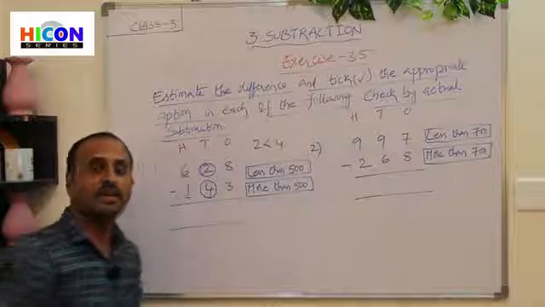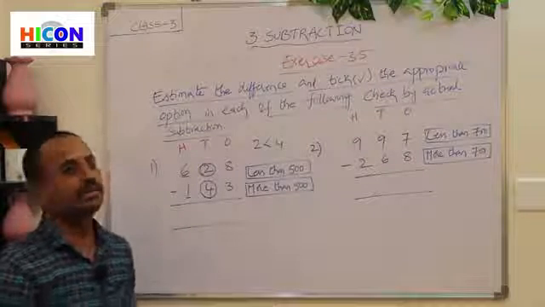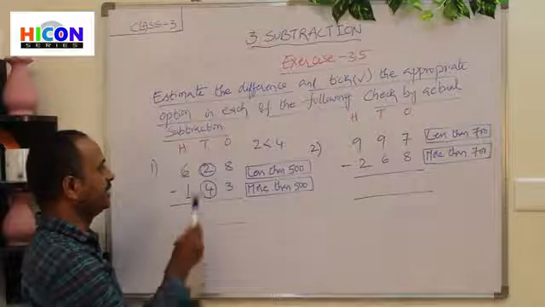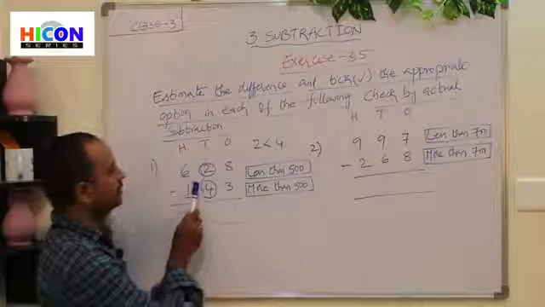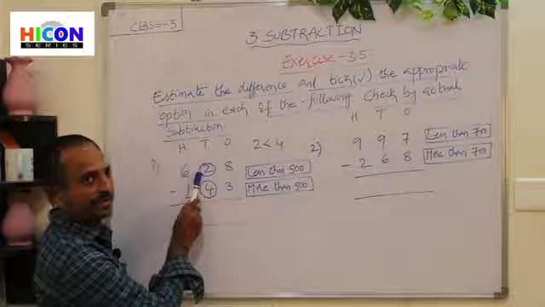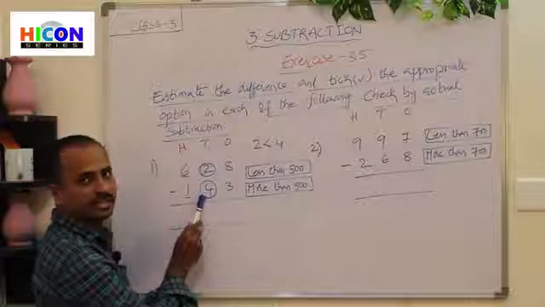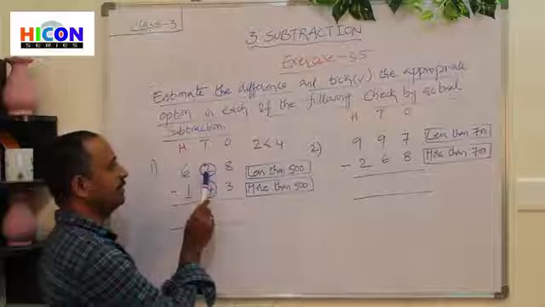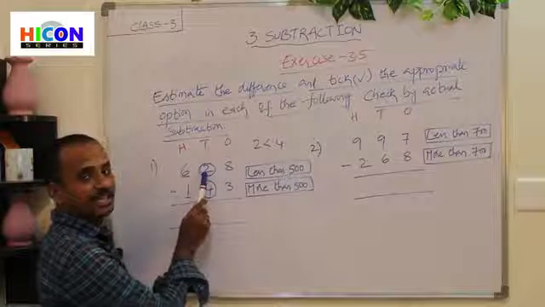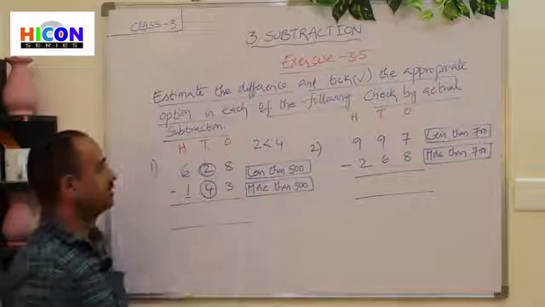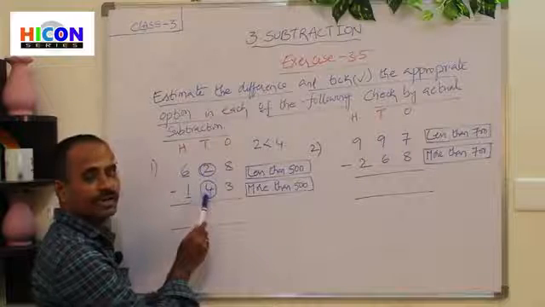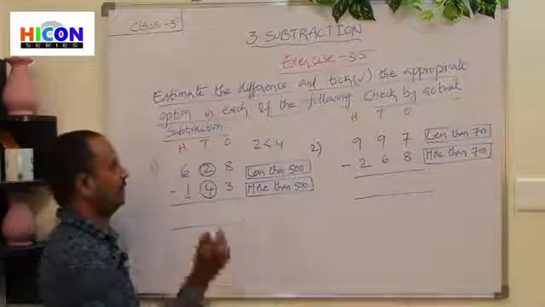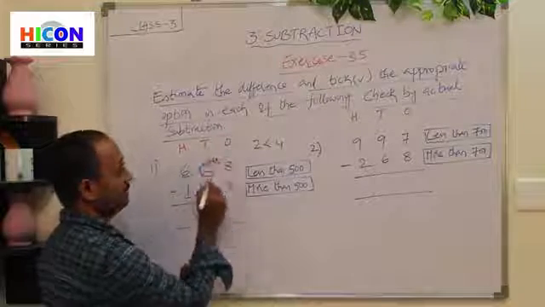So I have already told you the technique. First check the second digit in both the numbers. The second digit in the first number is 2 and the second digit in the second number is 4. 2 is less than 4, so 2 is the lesser one.